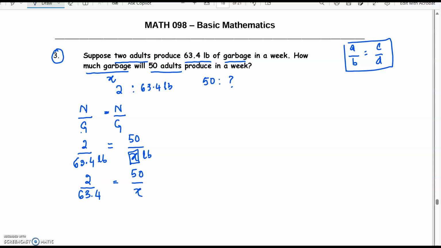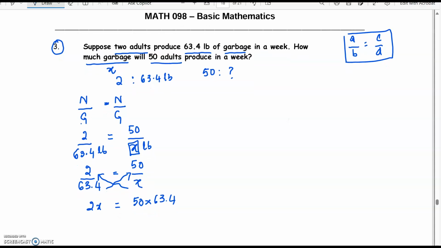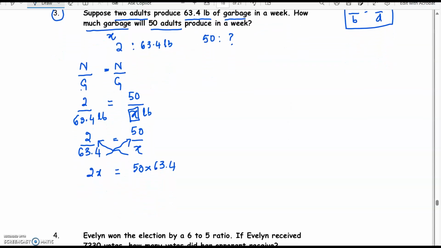So we're familiar with these kinds of equations. One method that always works is cross multiplication. If you can do some other method, that's fine. Just make sure you're following the rules of solving equations. So you have 2x equals 50 times 63.4. And now, just like before, we have to solve for x.